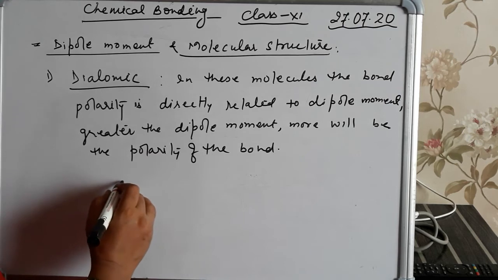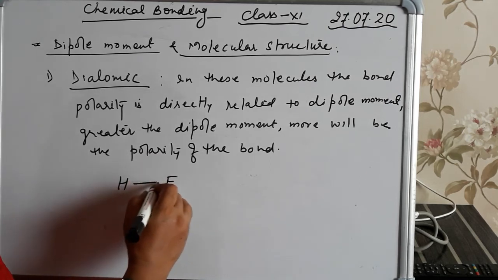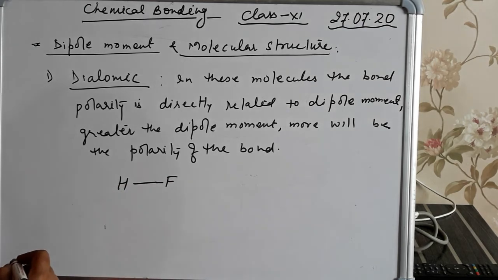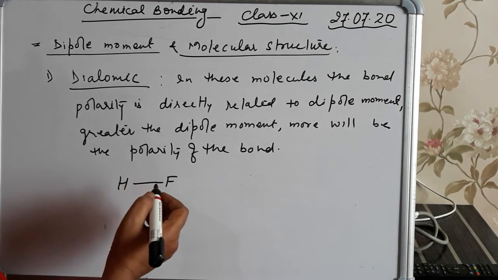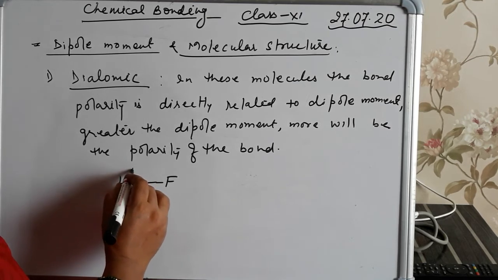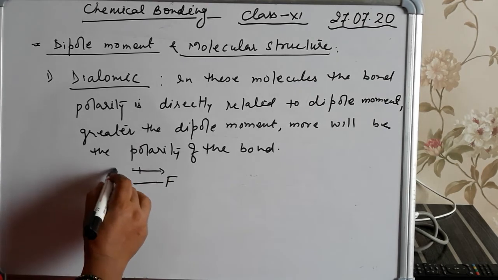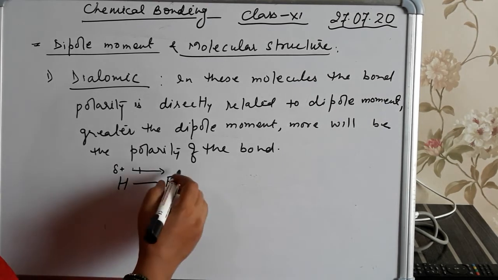For example, if we have hydrogen fluoride molecule, obviously fluorine is more electronegative than hydrogen, so we calculate their dipole moment. First, represent the dipole moment by this cross arrow. Hydrogen is less electronegative, so it requires partial positive charge.